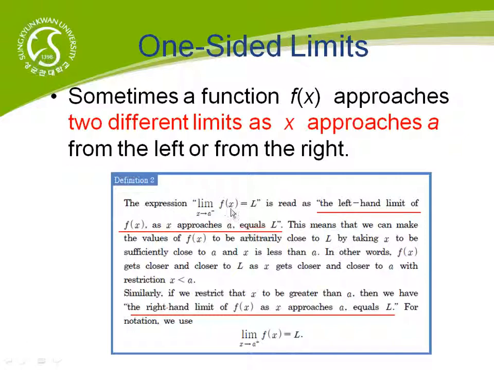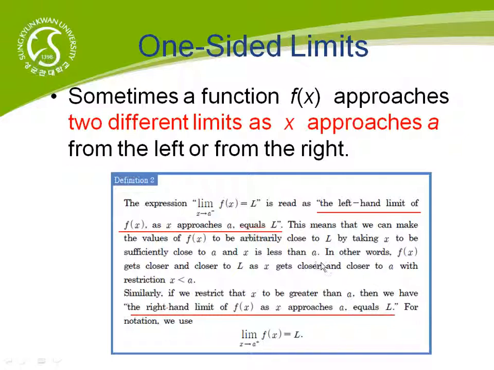This expression is read as the left-hand limit of f of x as x approaches a from the minus side, so from the left, the smaller side. The right-hand limit of f of x as x approaches a equals L means x approaches a from the plus direction, from the right.